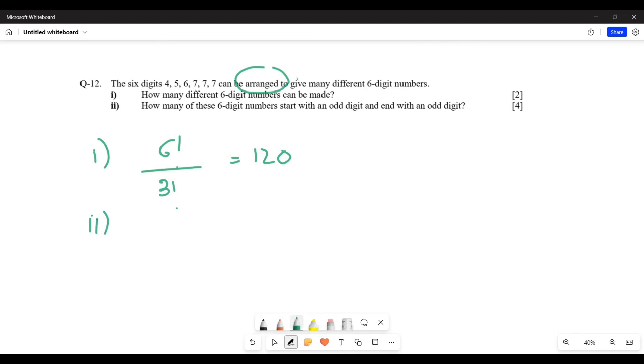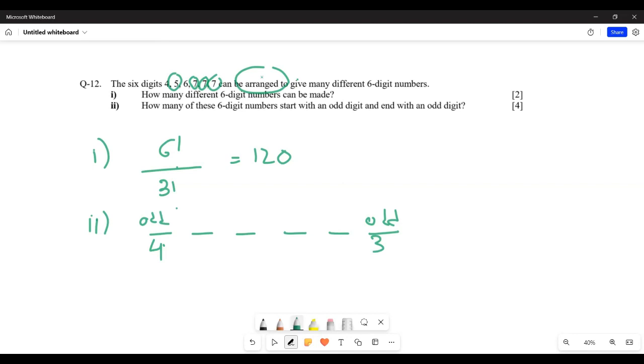Part 2. How many of these 6-digit numbers start with an odd digit, end with an odd digit? So 1, 2, 3, 4, 5, 6. This should be odd. This should be odd. So how many odd numbers do we have here? 1, 2, 3, 4. So we have 4 contenders for this spot. And then if one odd number is already taken, we'll have 3 contenders for this spot. Can also say 4p1 and 3p1.